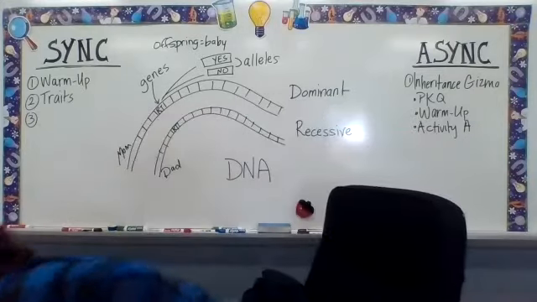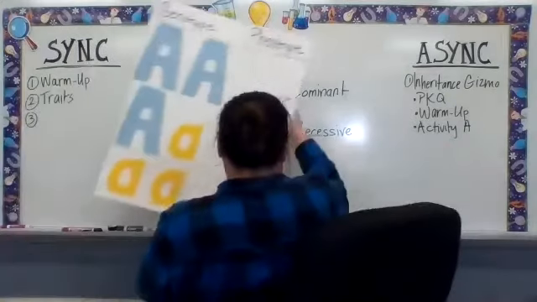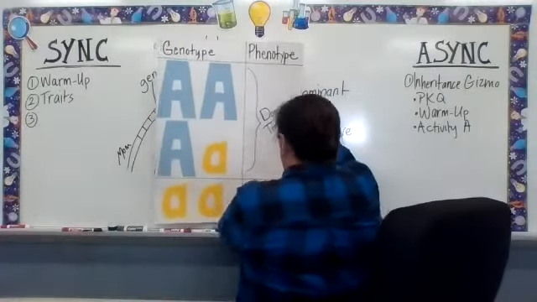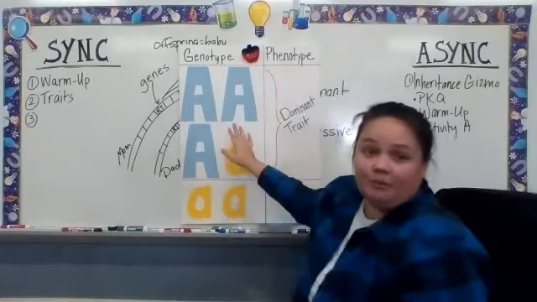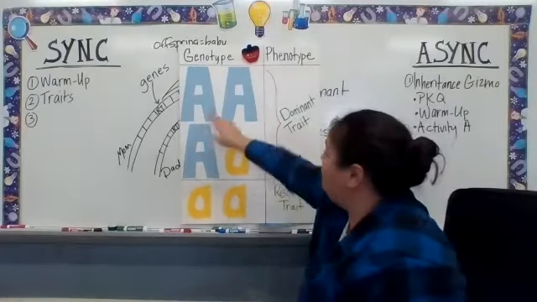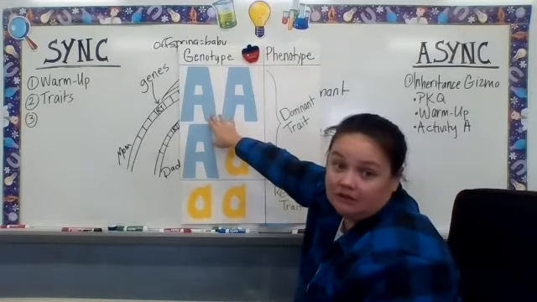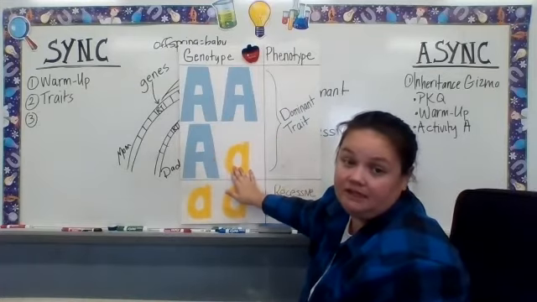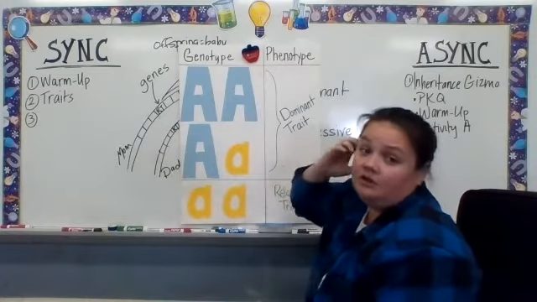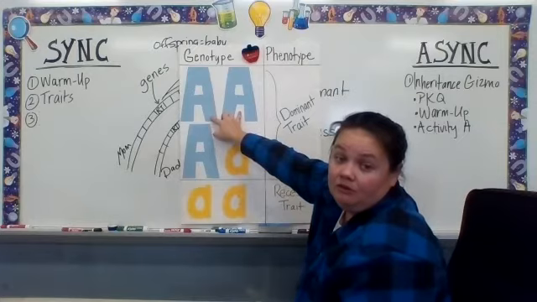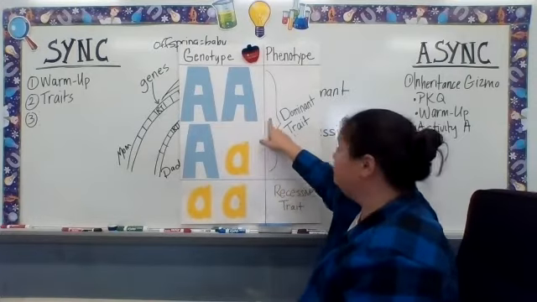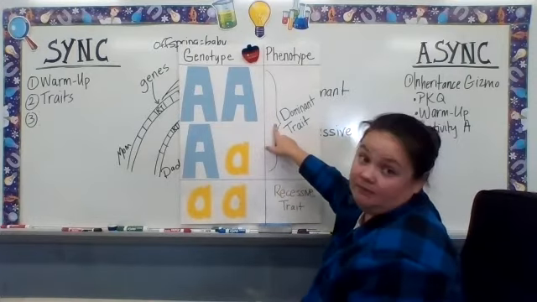And the way that we can explain this better is I have this poster here for us. So we use letters to represent alleles. A capital letter means that it's a dominant allele, and a lowercase letter means that it's a recessive allele. So if both parents give you a capital or dominant allele, you will show the dominant trait.